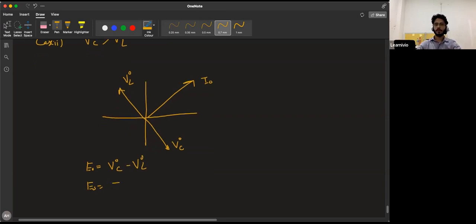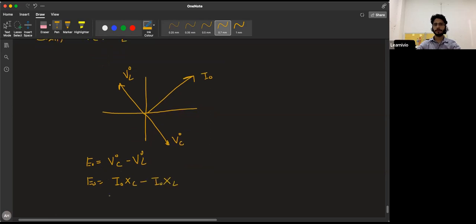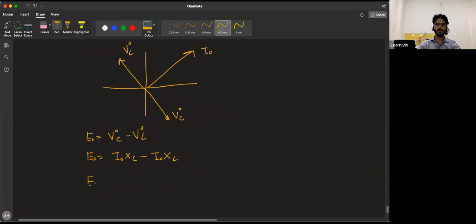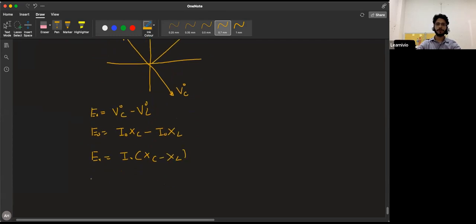And how much is V naught C? It's I naught XC. V naught L is I naught XL. So your E naught is, you can take I naught as common, and you can write this as XC minus XL. So E naught by I naught is XC minus XL.